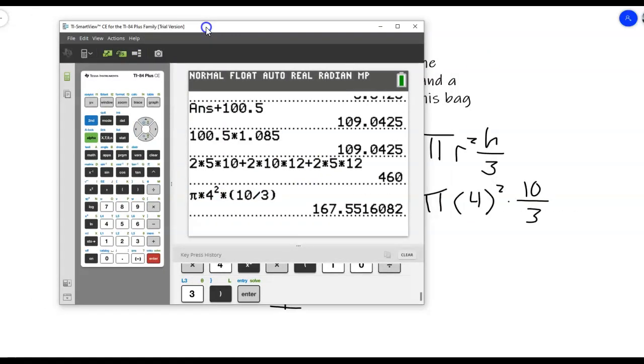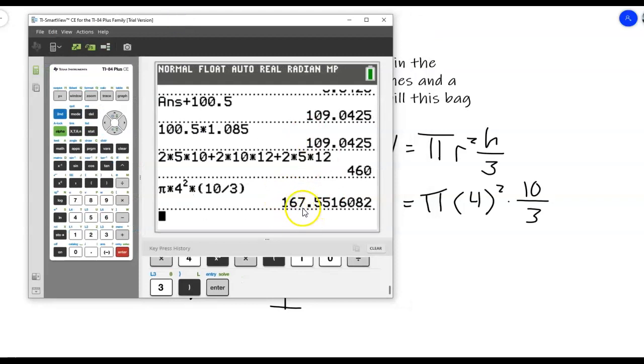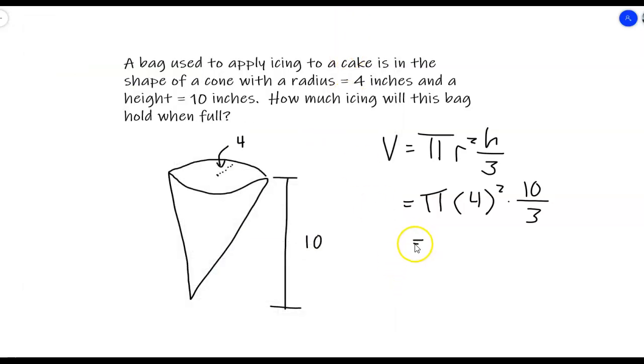So we'll just round to the nearest cubic inch. So we'll call this 168 cubic inches. I really shouldn't put an equal sign. We should use the approximation symbol since we're rounding. So it's approximately equal to 168 cubic inches.